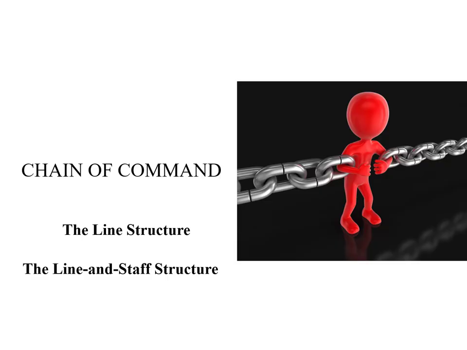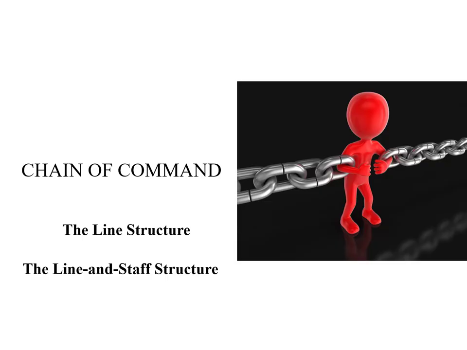Conflict between line managers and staff managers can occur if line managers perceive that staff managers are a threat to their line authority, or if the staff managers perceive that their recommendations are not being adopted by the line managers. There are several ways that we can minimize this conflict.